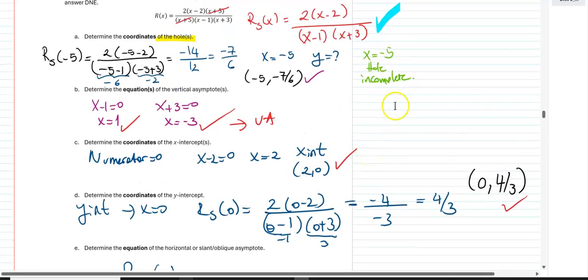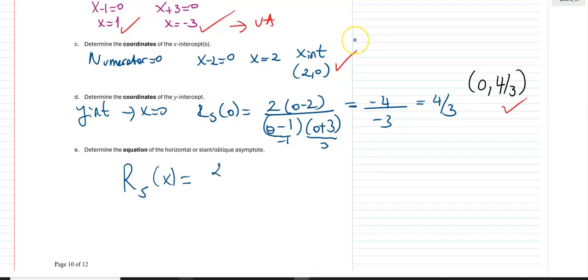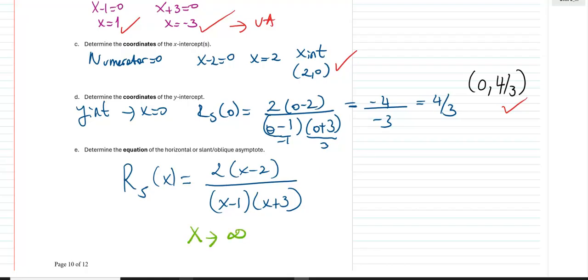Right, so we look at this equation, 2 times x minus 2 divided by x minus 1, x plus 3. Okay, so horizontal asymptote means that x is going to go to very high values, like when x goes to infinity, where is the function going? That's the situation of horizontal asymptote.